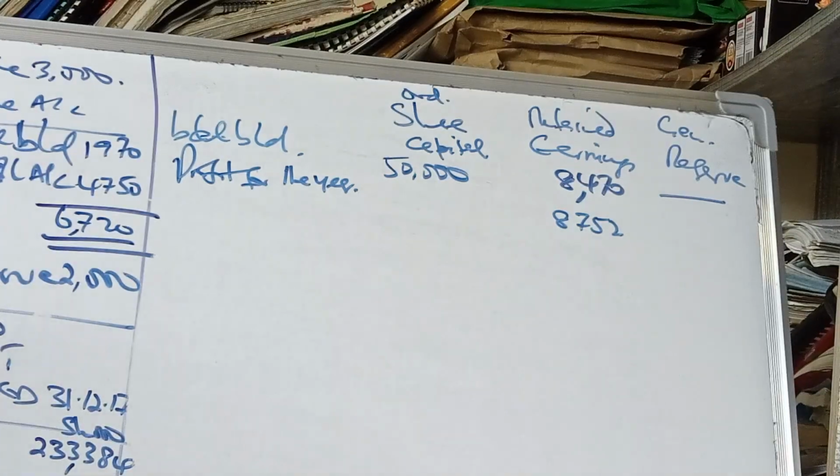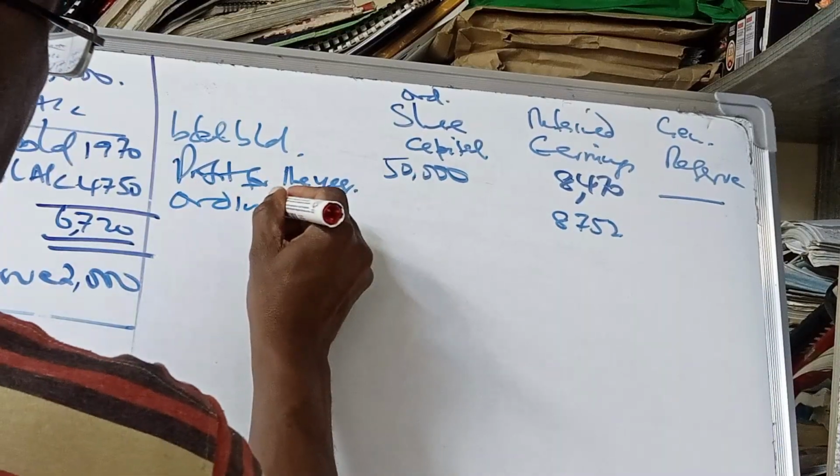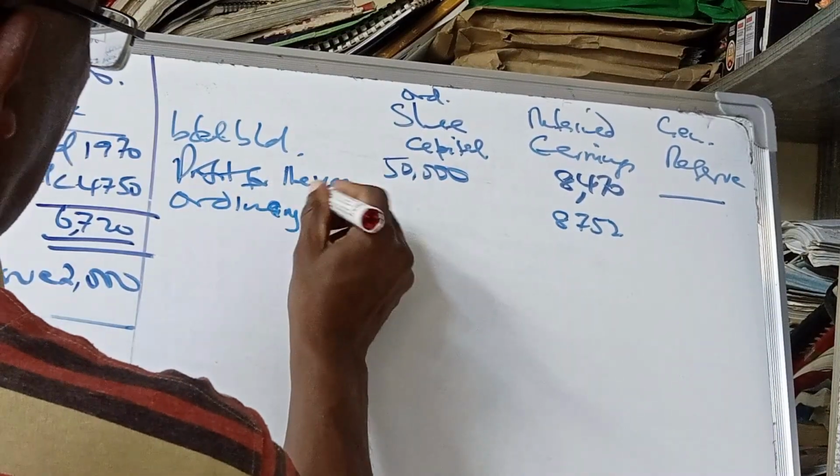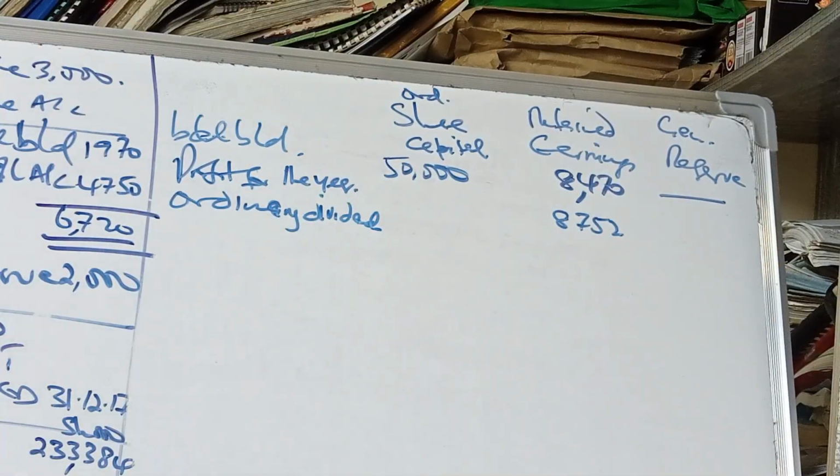So we come here and we say ordinary dividend, and we know from the income statement which you have just generated, ordinary dividend is 3,000.